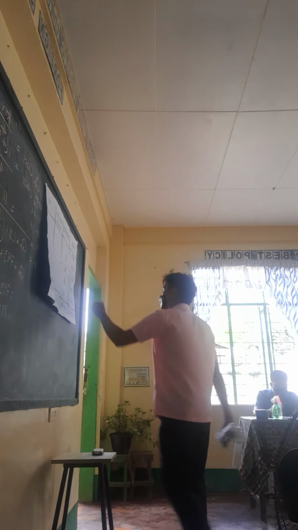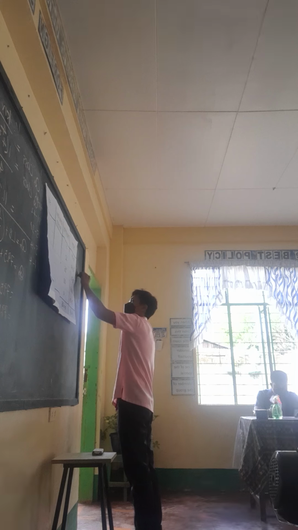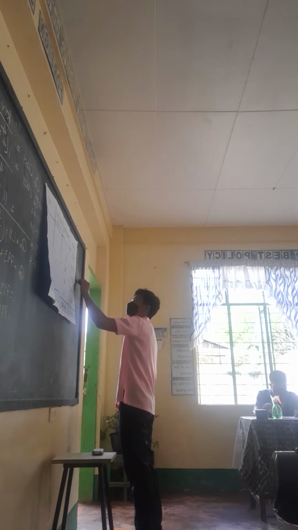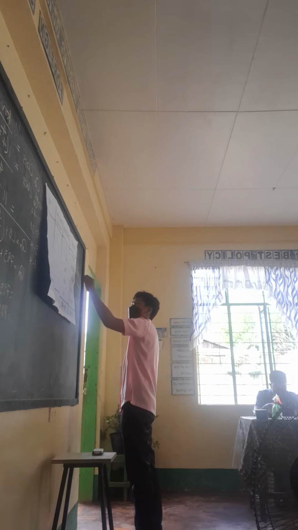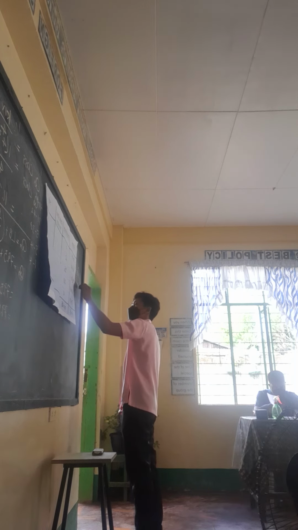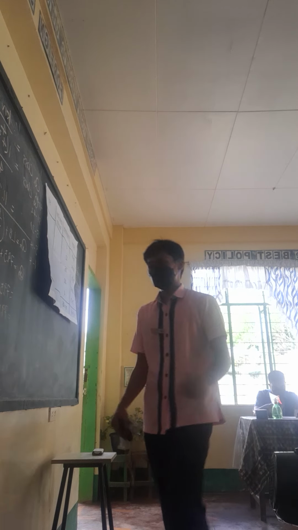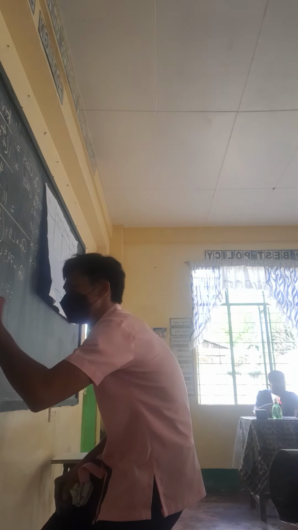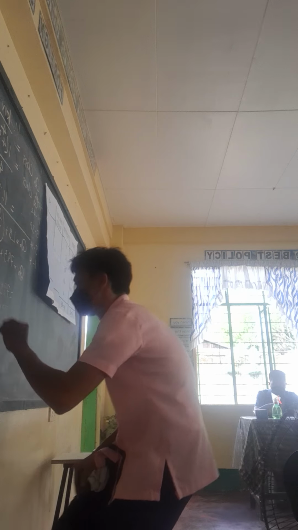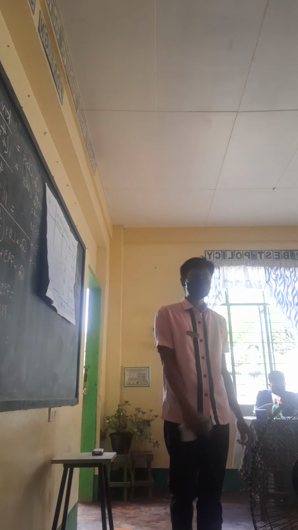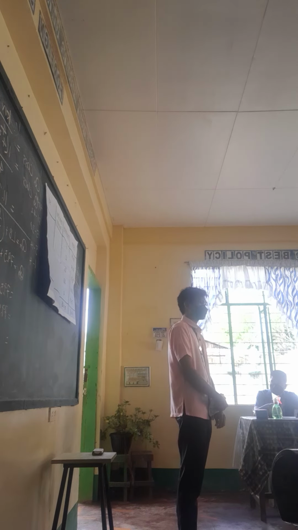Okay, let's solve. 0.725 times 5. Now 25 to 10, 12, 31, 35, 36, 3. So 3.625. Then add 79.5 plus 3.625.